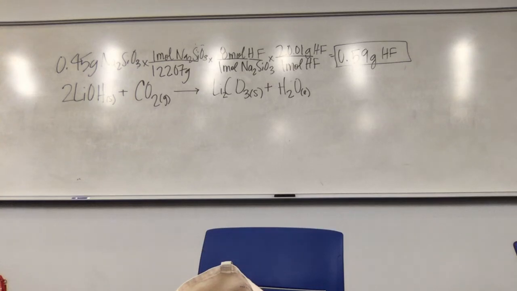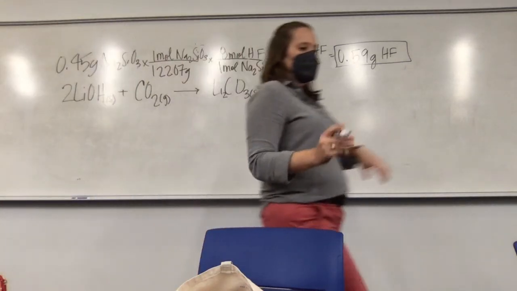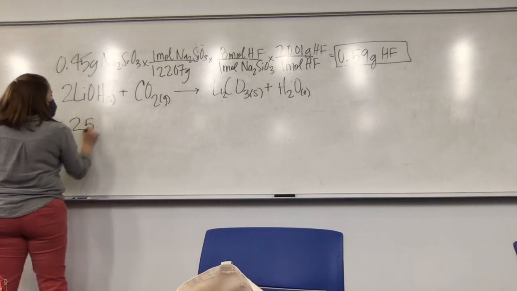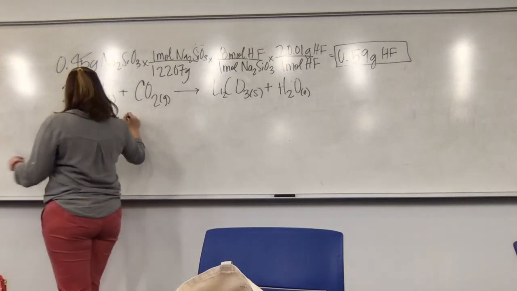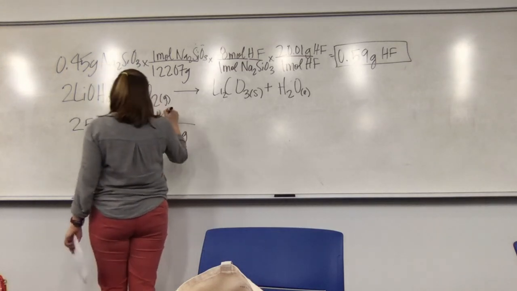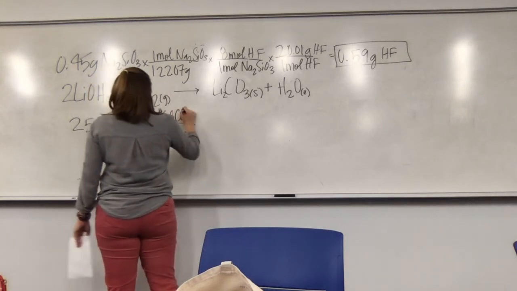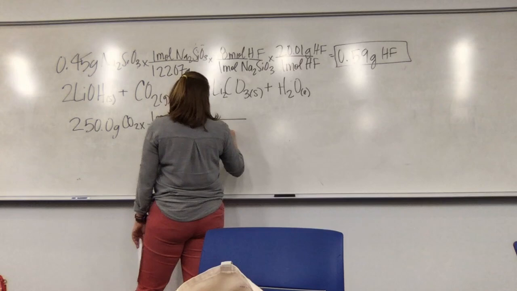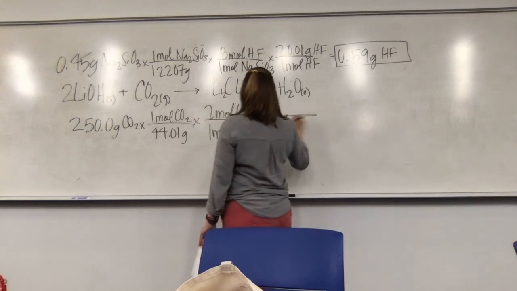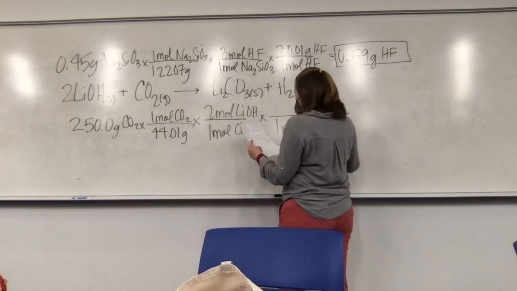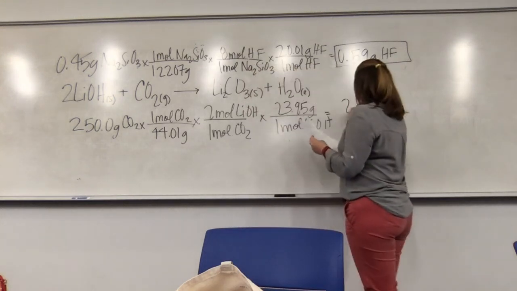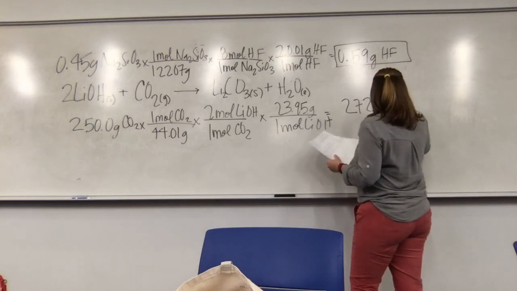Sounds like I'm starting to see some correct answers. So in this case, we're going to take our 250.0 grams of CO2 multiplied by the inverse of the molecular weight, 44.01 grams in 1 mole of CO2. 1 mole of CO2 gives you 2 moles of lithium hydroxide, and 1 mole of lithium hydroxide weighs 23.95 grams, which gives you 272.097 grams.